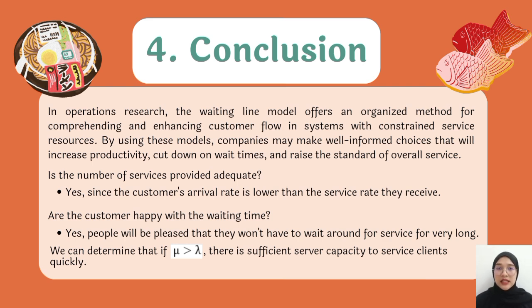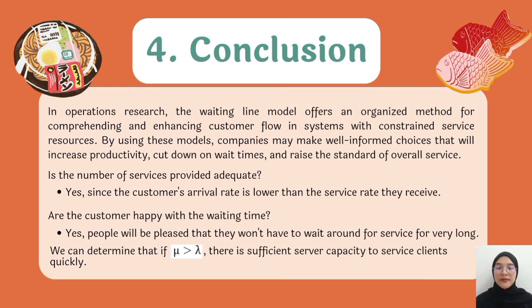First one, is the number of services provided adequate? Yes, it is. This is because the customer arrival rate is lower than the service rate they receive. This means our system has sufficient capacity to handle the current demand. For the second question, are customers happy with the waiting time?